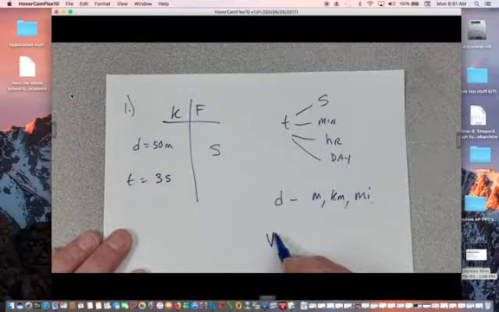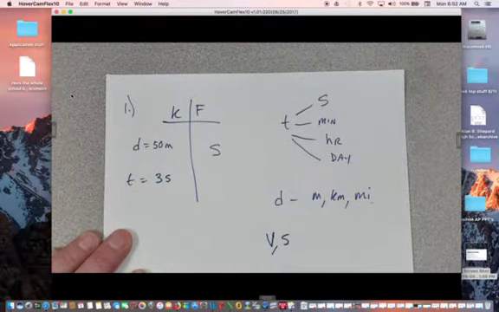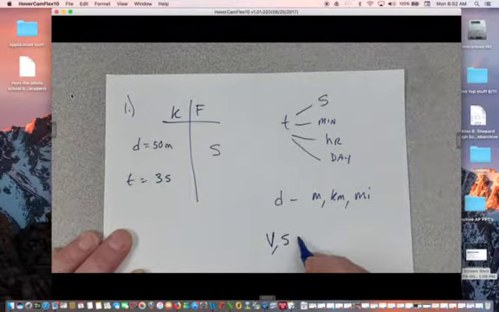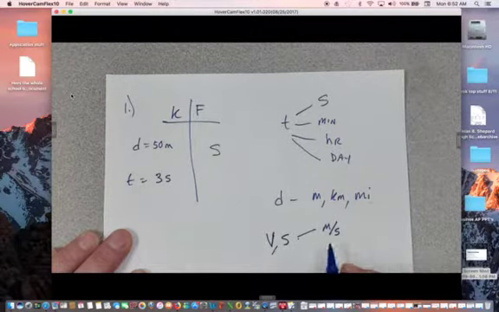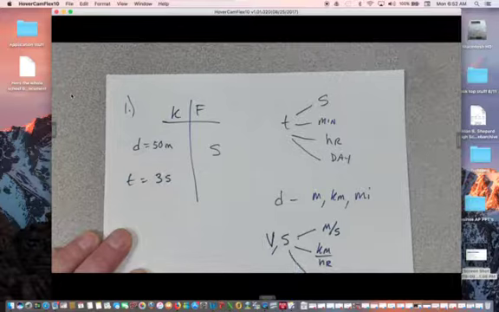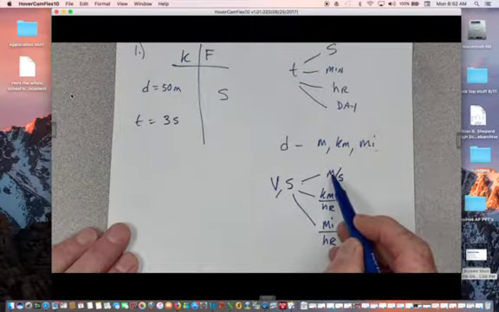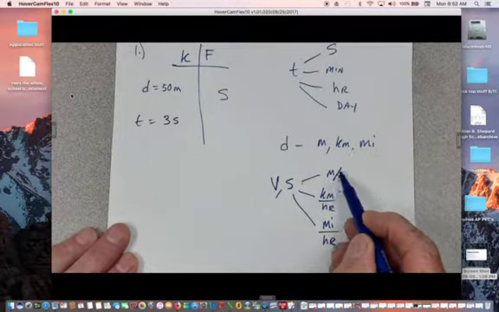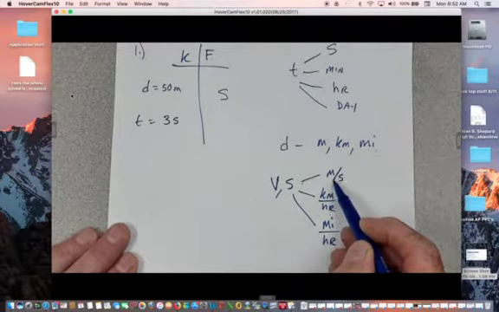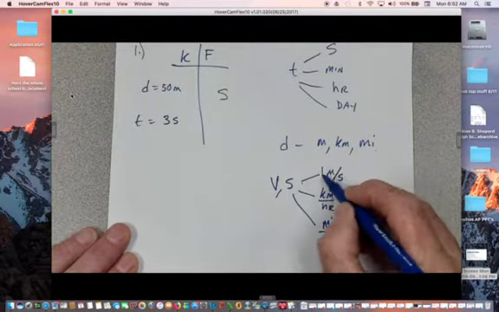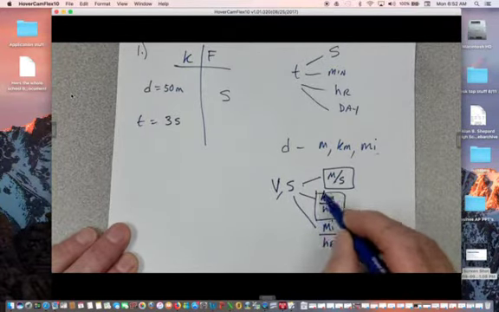Speed or velocity, here's where it gets tricky. You can have units of meters per second, kilometers per hour, or miles per hour. As soon as a kid sees this M, they ignore the division sign and they think it's a distance. No, when these are together, it is always a speed or velocity.